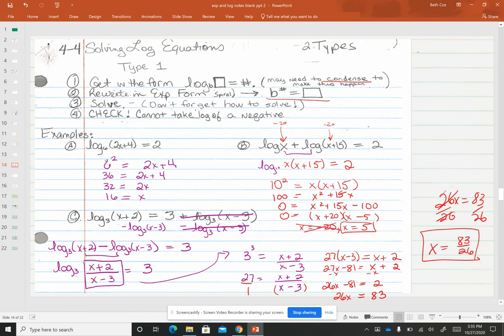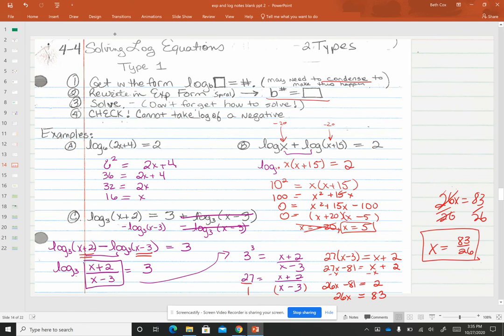Now, I do need to check it to make sure I don't get a negative, and if you will just check it into the x minus 3, because that fraction plus 2 is not negative, never. So I put it right there, and I'm going to get negative.